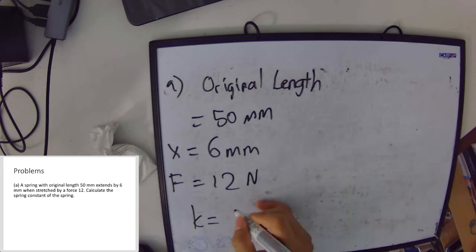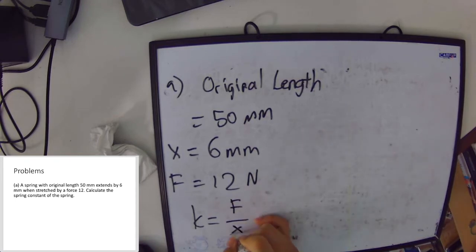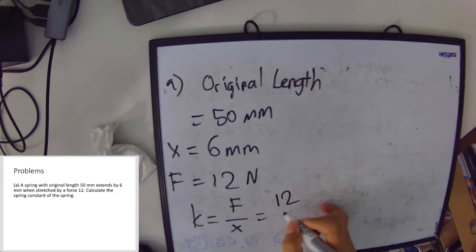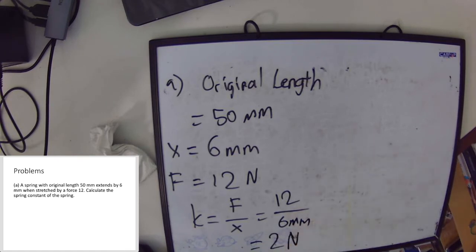Okay, K equals F divided by X. So we take the information and just put it in our formula, just substitute. So 12 newtons and 6 millimeters. And so we know that our final answer will be 2 newtons per millimeter. Right? Meaning to say it takes 2 newtons to extend the spring by 1 millimeter. And that would be your final answer.